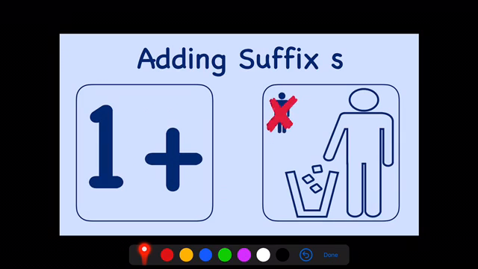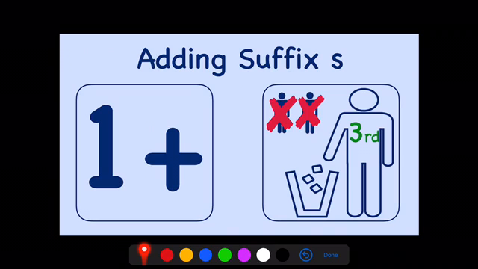So I don't add suffix s if I say I. If I'm talking about you, I would say you tip rubbish in the bin. So I don't add suffix s when I'm talking or writing about you.